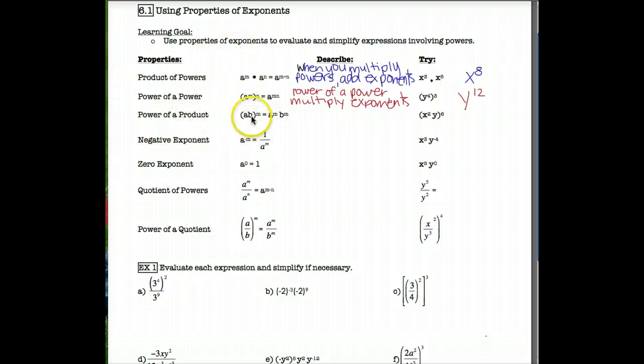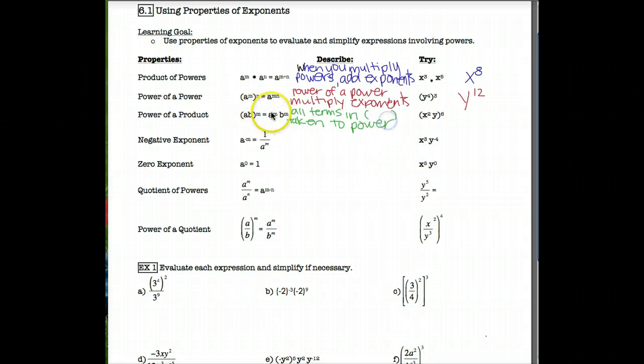On the next one, power of a product. Basically, we've got a product inside the parentheses, and then we're taking that to a power. The big idea here with the parentheses is that all terms inside parentheses have to be taken to the power.